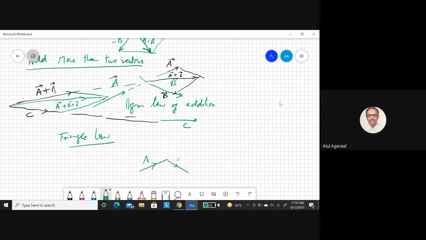This is vector B. Then you find your vector C. So A, B, and C. So closing side. Basically, you have moved from this position to this position. This is your summation of all three vectors.